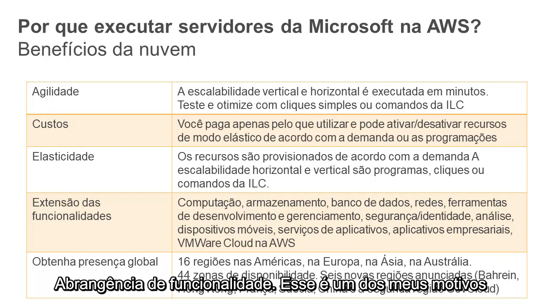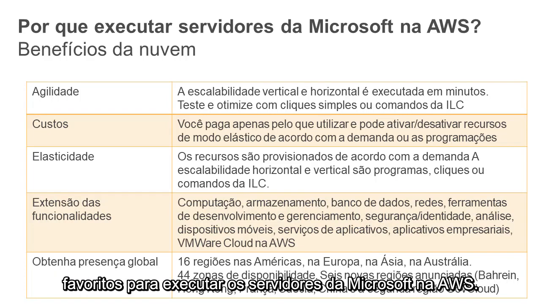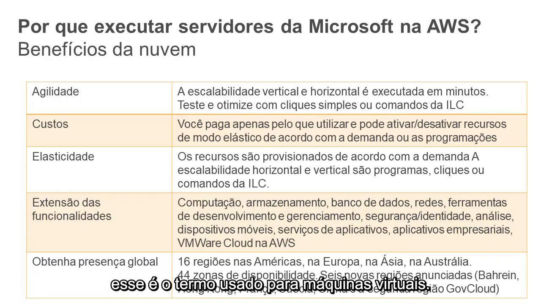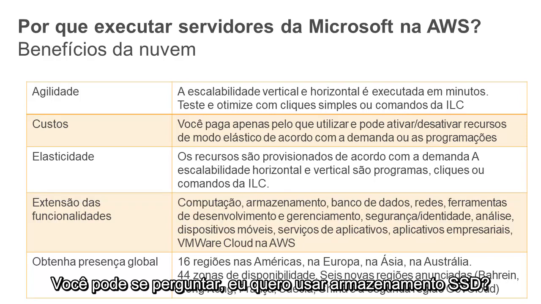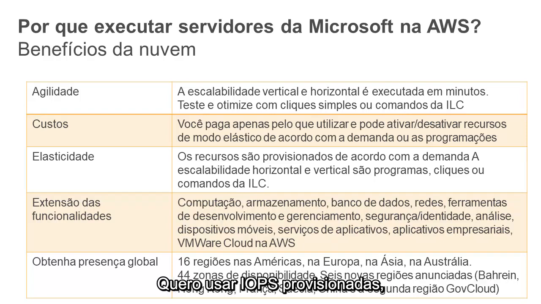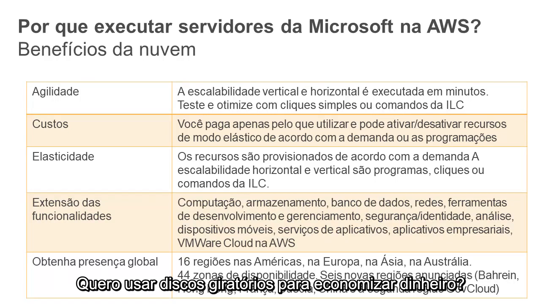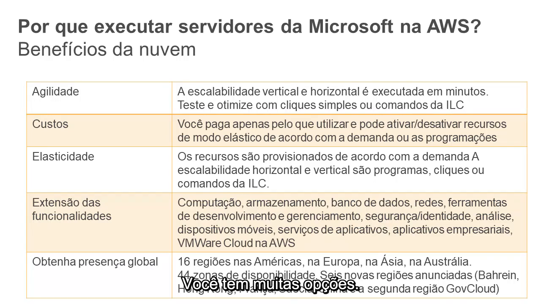Breadth of functionality. This is actually one of my favorite reasons for running the Microsoft servers on AWS. You can take advantage of different size instances. That's our term for virtual machines. You can play around with, do I want to use SSD storage? Do I want to use provisioned IOPS, which is an enterprise level of SSD storage? Do I want to use spinning disk in order to save money? You have lots of options.